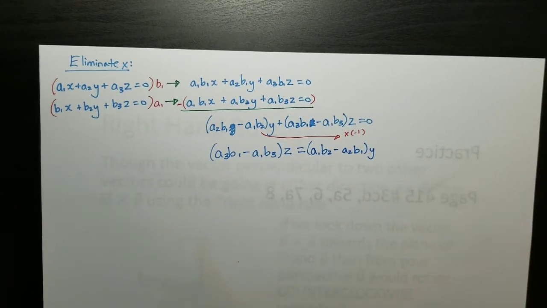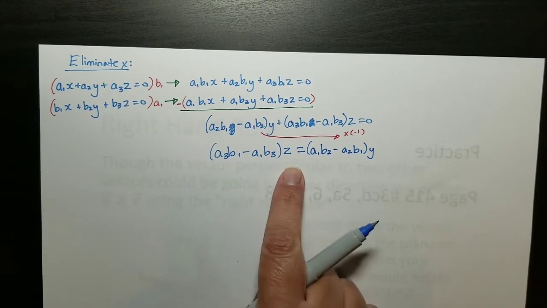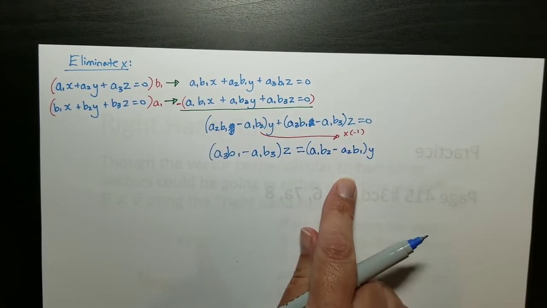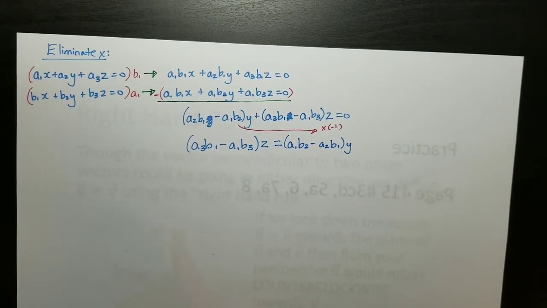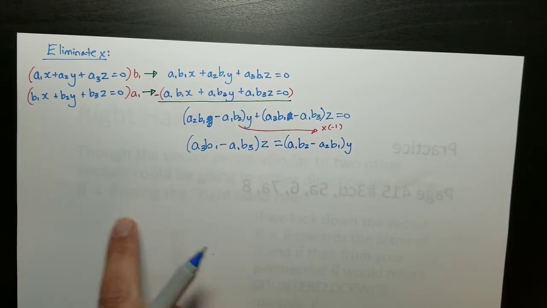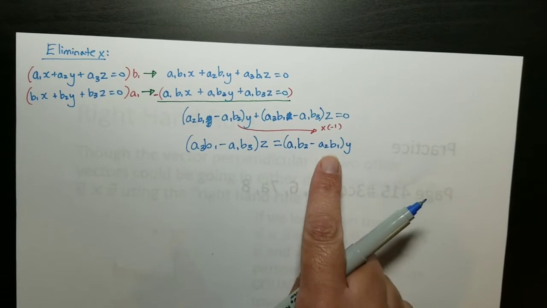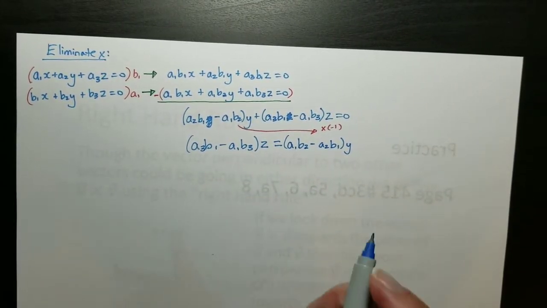And then I'm going to set up a ratio of just dividing both sides by these big coefficients. I almost want this to look like a sine law, a variable over something equals a variable over something. So I'm dividing both sides by both of these brackets and they will cancel out.